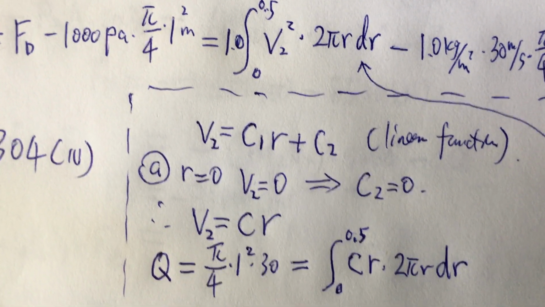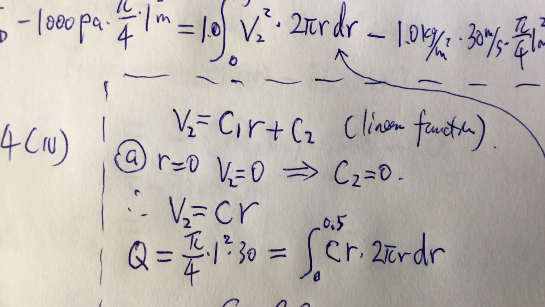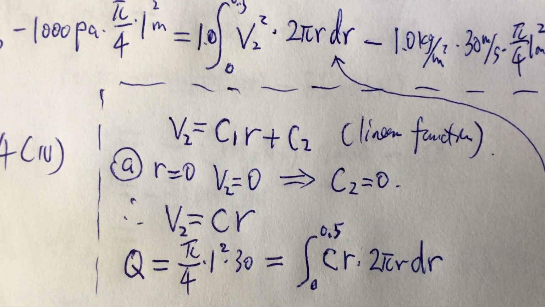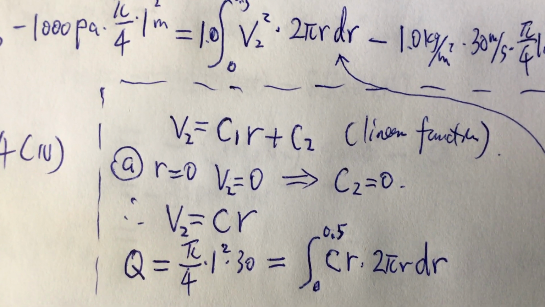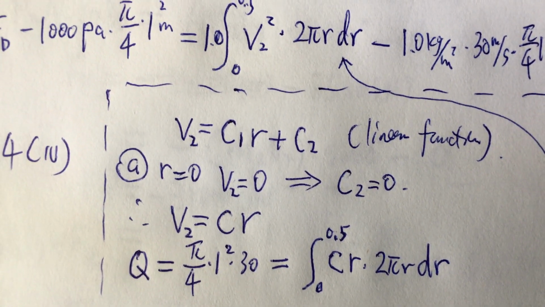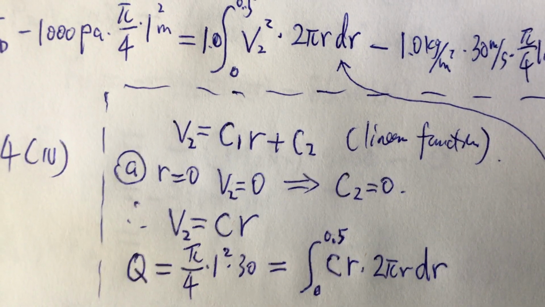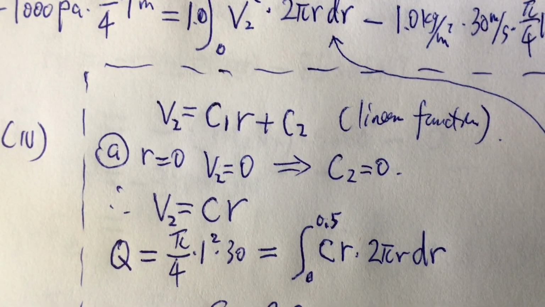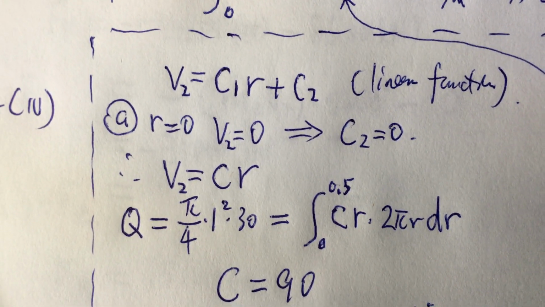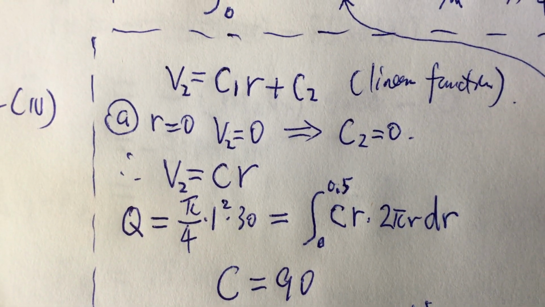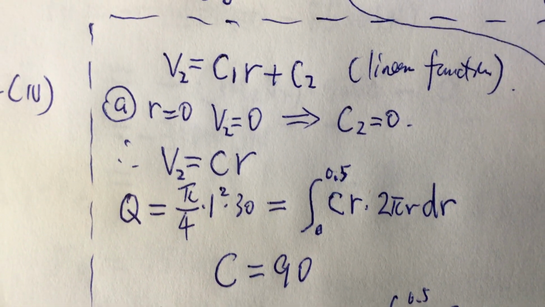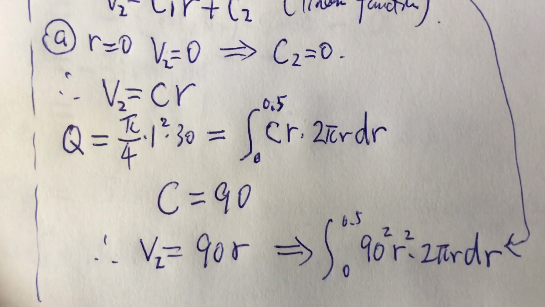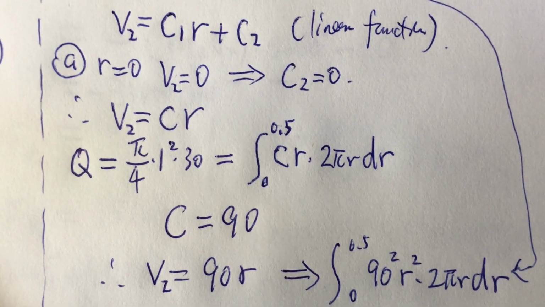We know how to calculate the flow rate: velocity times dA, 2 pi r dr. The limit is also from 0 to 0.5 for dr. So since the flow rate can be calculated from the inlet, based on that expression you should be able to calculate the C. If you calculate C as 90, you know your V2, the expression for your outlet, is 90 r.